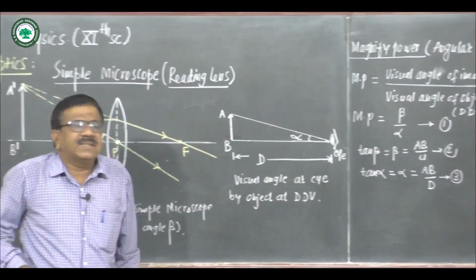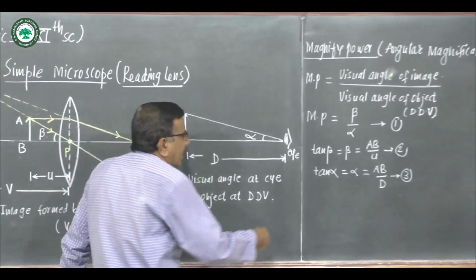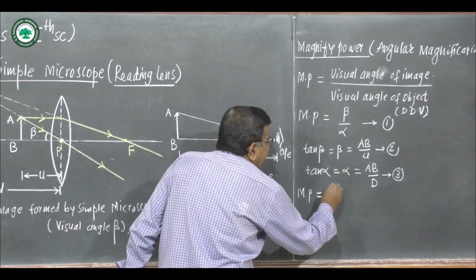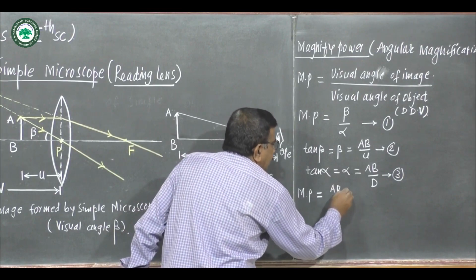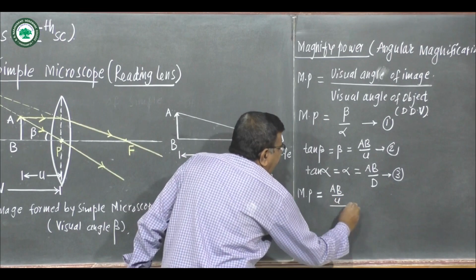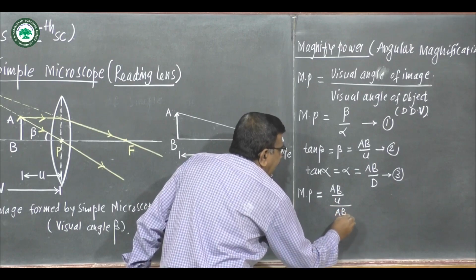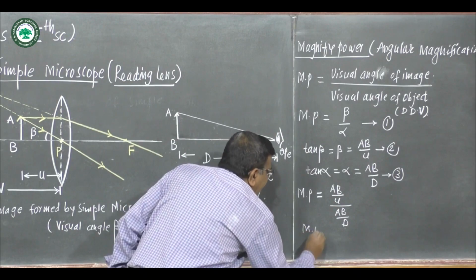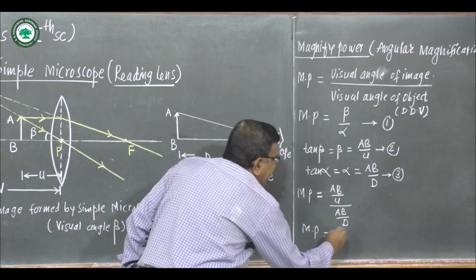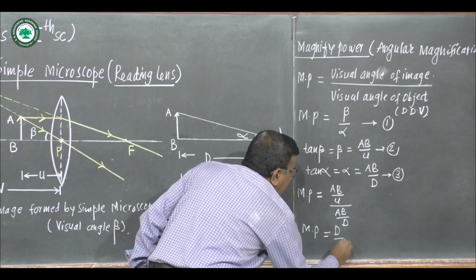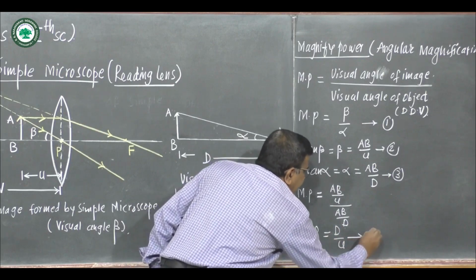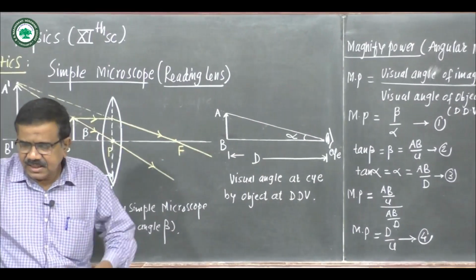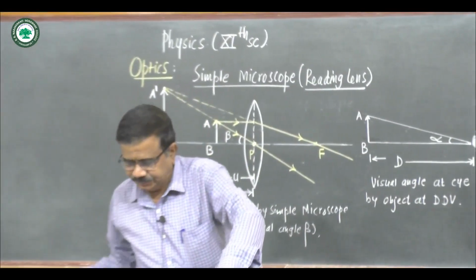From equation 2 and 3, equation 1 becomes magnifying power is equal to beta, that is AB upon U, over alpha, that is AB upon D. So the magnifying power of the simple microscope, AB gets cancelled, and it is D upon U. Suppose this is equation number 4. Magnifying power is equal to D upon U.